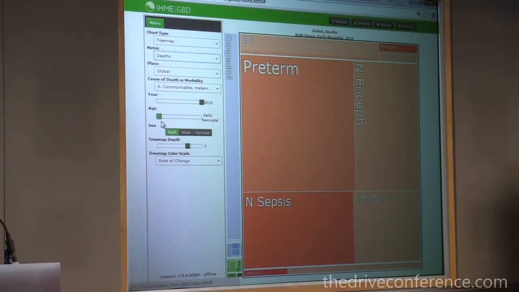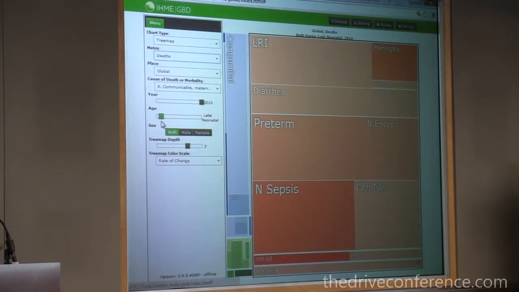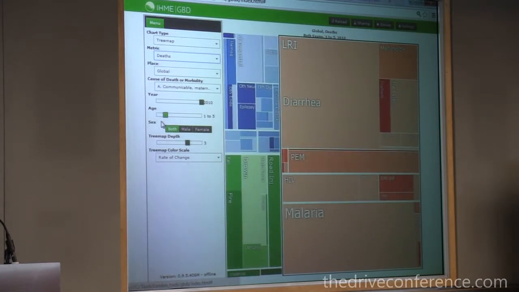Preterm, encephalopathy, and sepsis. Then as kids get older, this is late neonatal, so the first month of life, basically. You see some infectious disease coming in, low respiratory, diarrhea, and others. This is the first year of life, and now you see congenital and some of the non-communicable diseases, as well as injuries popping up. And then as we go on, this is 1 to 5 year olds.